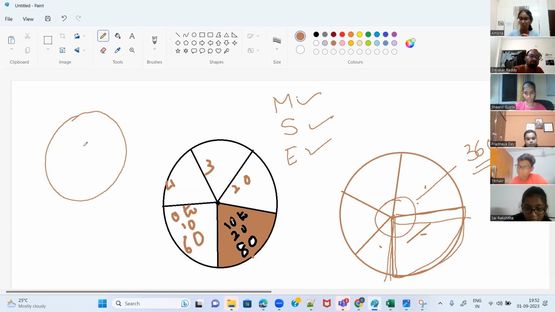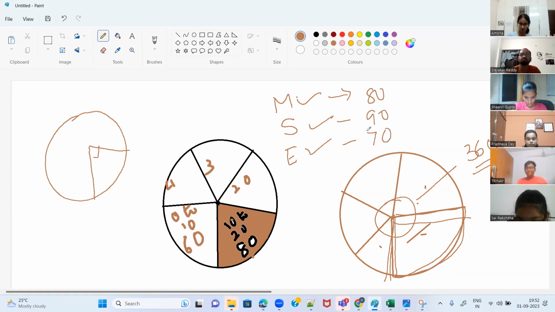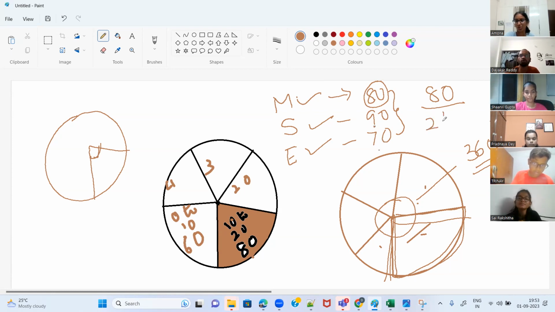For example, a sector means obviously you will have an angle over here, right? How do I get the angle? Let's say for example, maths equal to 80, science equal to 90, English equal to 70. What is the total value here? 80 plus 90 is 170, 170 plus 70 is 240.